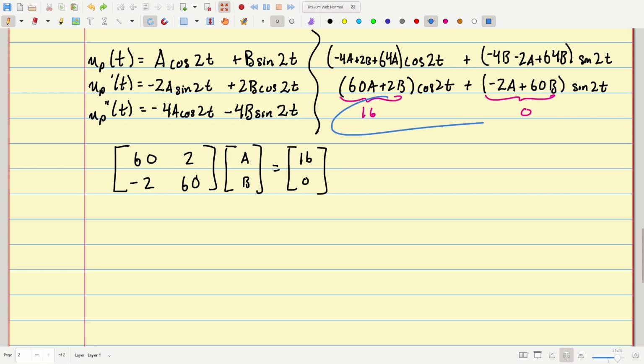Okay, and then the right-hand side is given by that. The determinant of this matrix is 3,604. 60 squared is 3,600 minus negative 4.